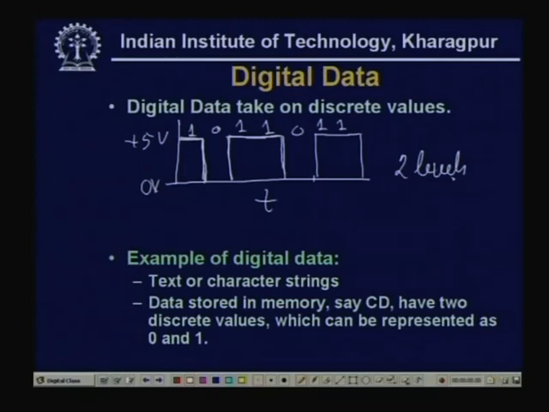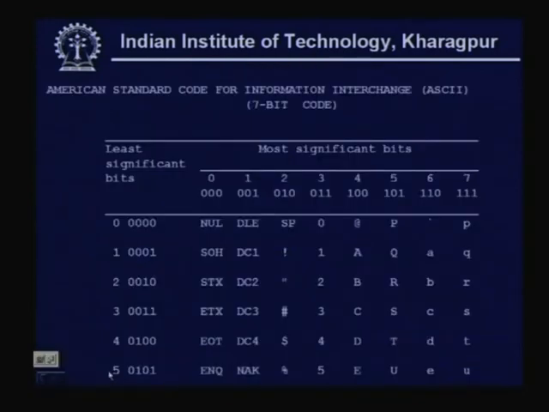An example of digital data is text or character strings. As we have mentioned, ASCII characters are of 8 bits. Here we see as an example some ASCII characters. American Standard Code for Information Interchange, ASCII codes, these are 7 bit codes. Some of the codes are given here. For example, 0 is 011 0000, then 1 is 011 0001, that is the ASCII code for 1.